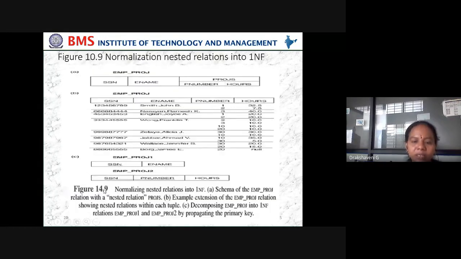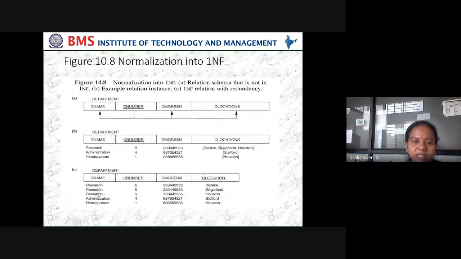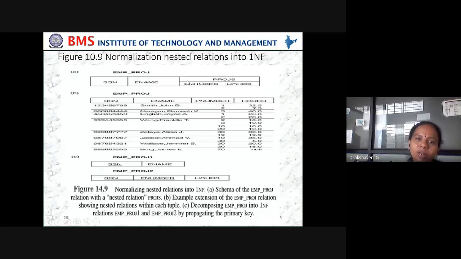We can write one way like this, research 5, 5, 5. But still this is not a good way. Just now we saw how the first normal form can be. Instead of writing like this, we have to break or decompose this table. And one more, that is employee project, then employee name and employee project. So this is the second example which we have seen.